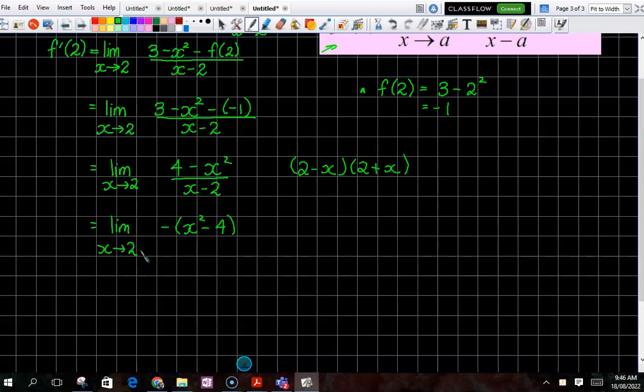Do you agree, if I pull out the minus, this is the same as this? -1 times x squared is negative x squared, and what's a negative times a negative? +4. We happy with that?